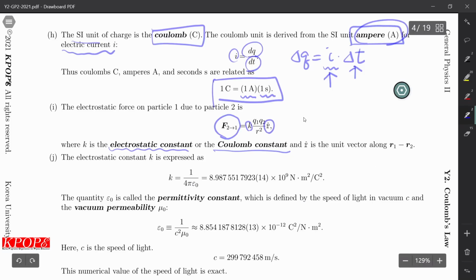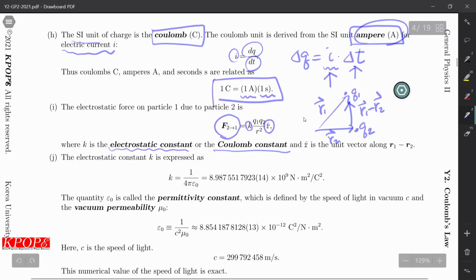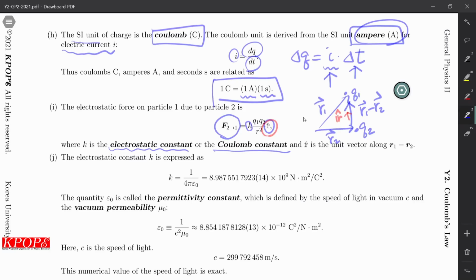And R hat here is R1 subtracted by R2, divided by its magnitude. The unit vector R hat is the unit vector along the direction from 2 to 1.